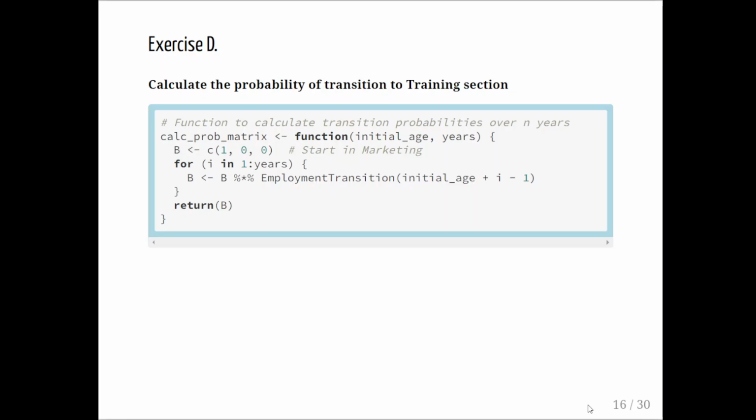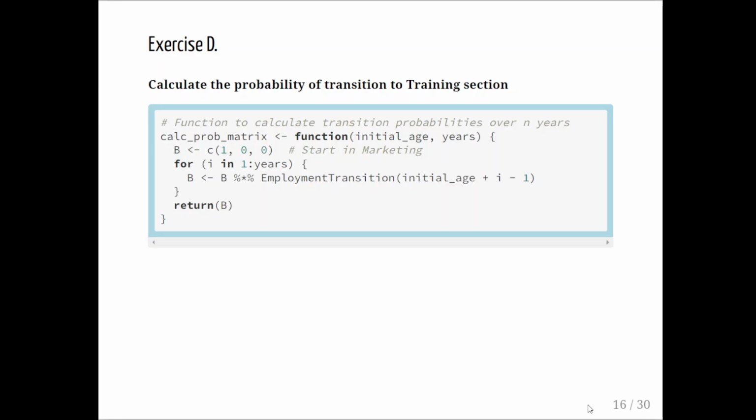So B is 1, 0, 0, with the 1 in the first place because marketing is the first state. If they were in admin or training, we would have the 1 in a different place. Anyway, for i in 1 to years, this is a for loop. What we're going to do is multiply B by the employment matrix the correct number of times.